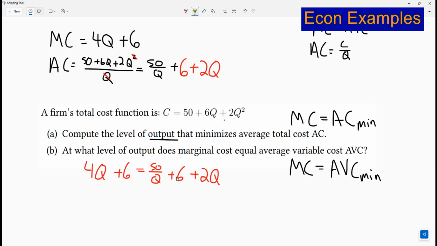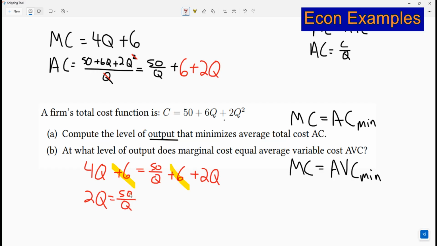To simplify, there's plus 6 and plus 6. We subtract 6 from this side and from that side to get rid of them. Then we subtract 2q from this side, and 2q from the other side, which leaves us with 2q equals 50 over q.